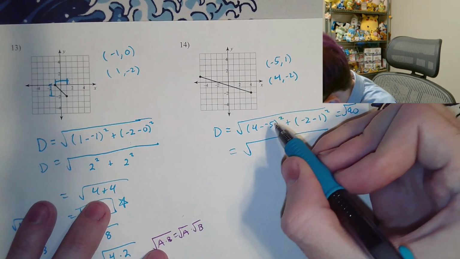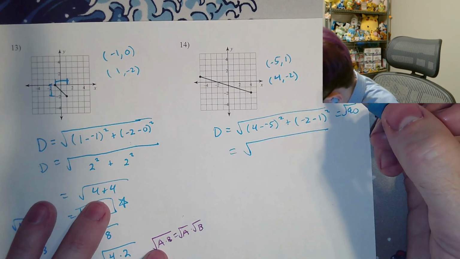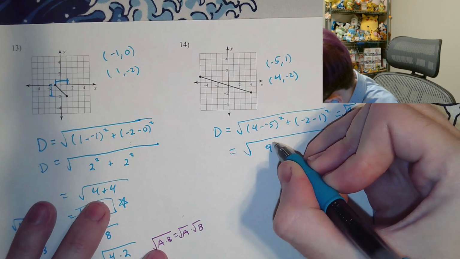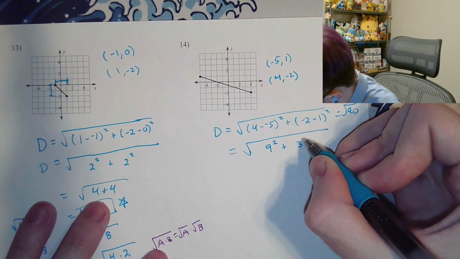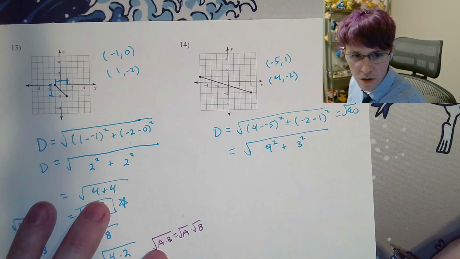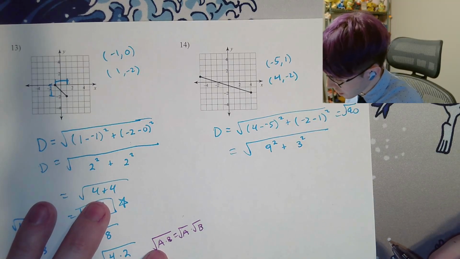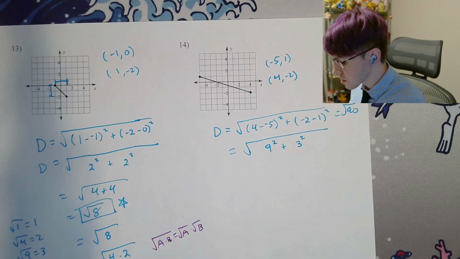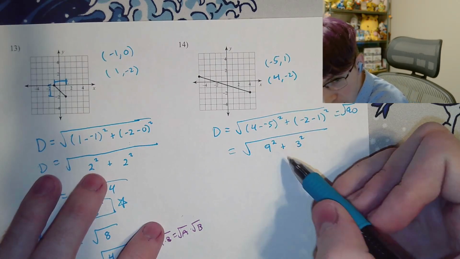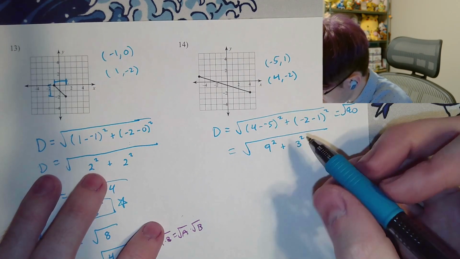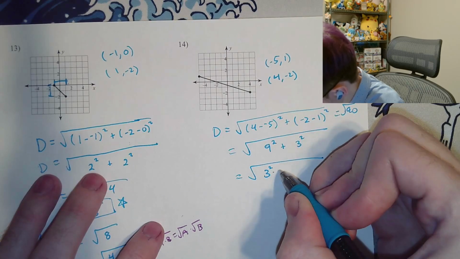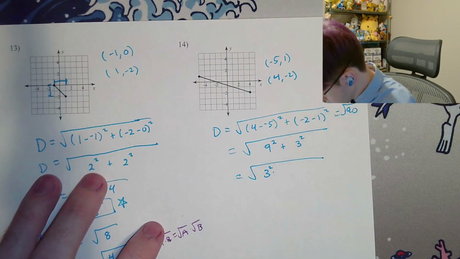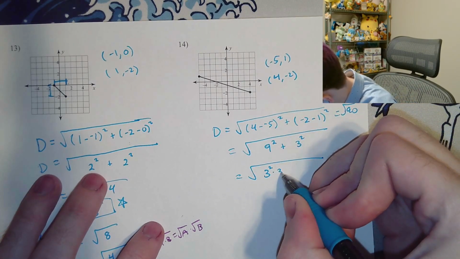So checking this out here, we're going to have 4 minus 5 squared is going to be 9 squared, and -2 minus -1 is going to be 3 squared. Again, -3 and +3 squared are the same thing. And then before we do anything special, we can rewrite 9 squared as the same thing as 3 squared times 3 squared.